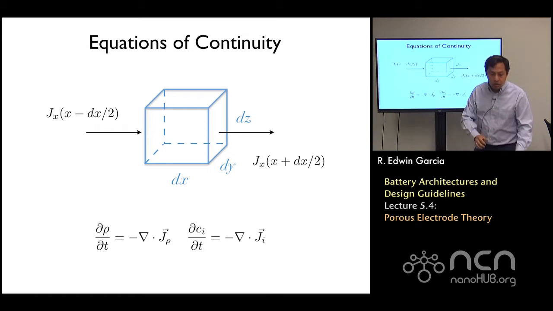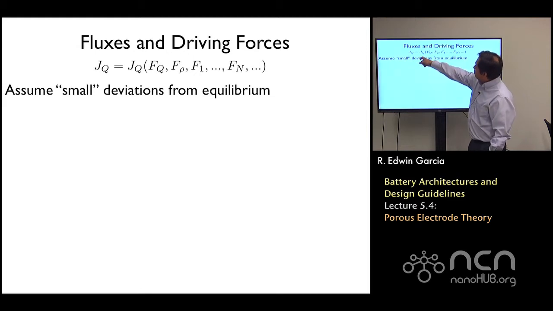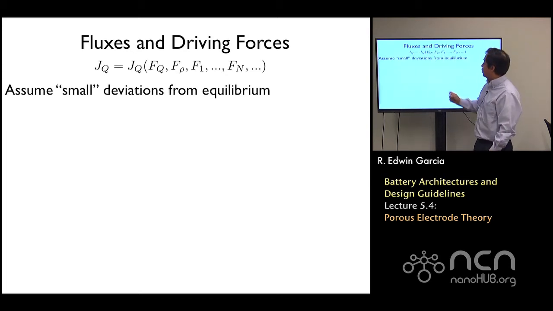To a first approximation, say for example, if you consider the flux being a linear combination or a function of all the possible driving forces, in this case J sub Q, you can think of it as the heat flux.